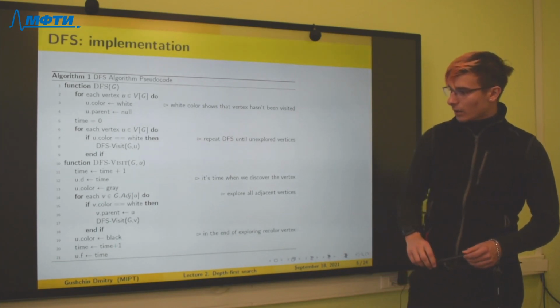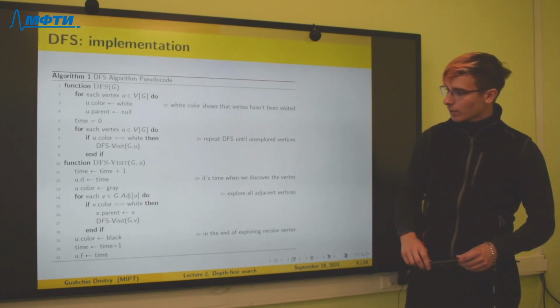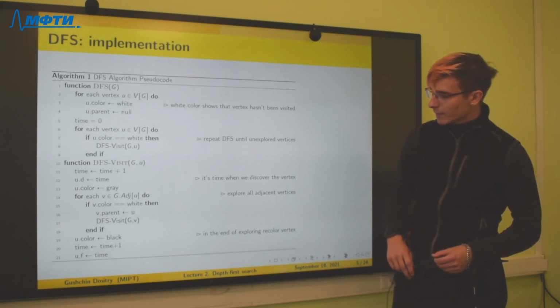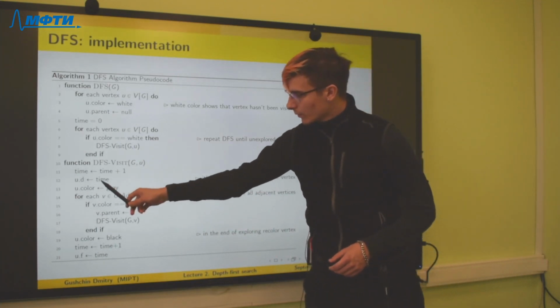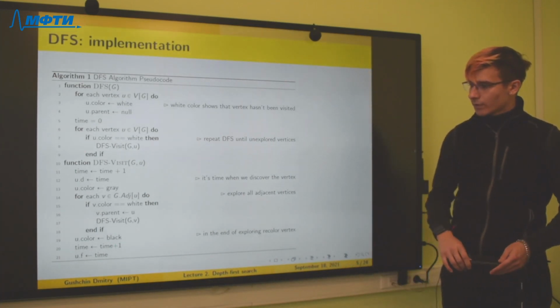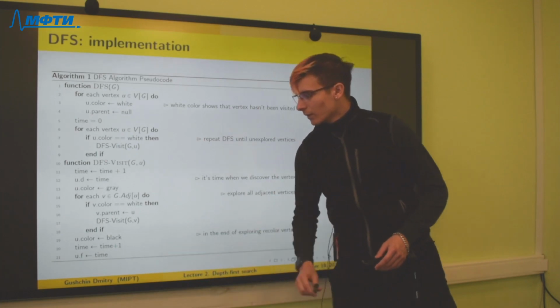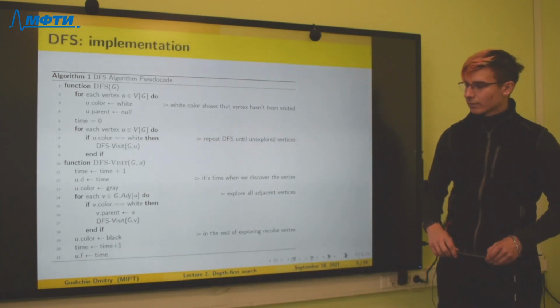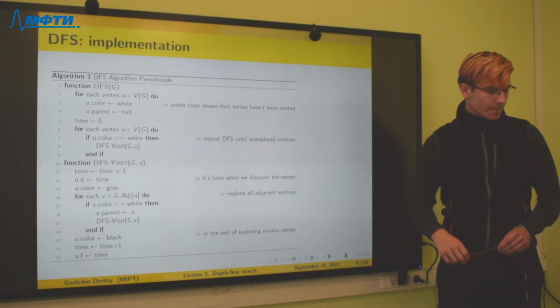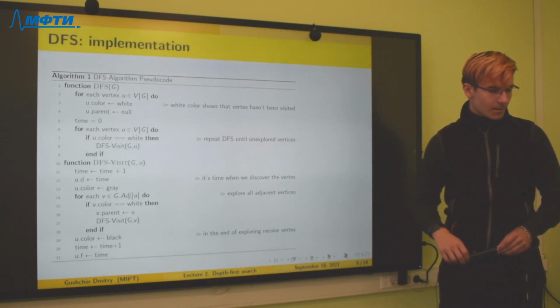Then, when we finish exploring all adjacent vertices of the vertex U, we say that it's the time when we finish with vertex U and set the finish time equal to the time that we have.